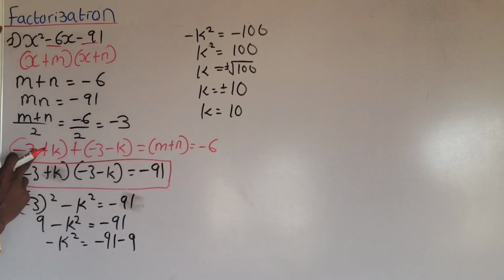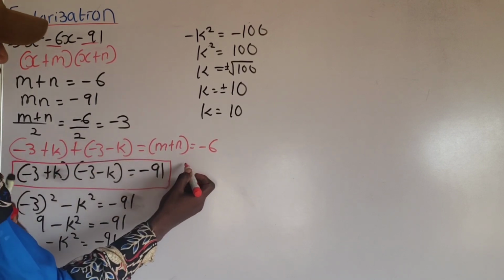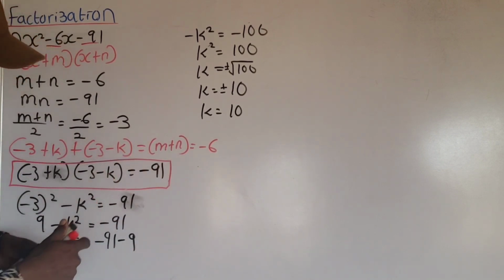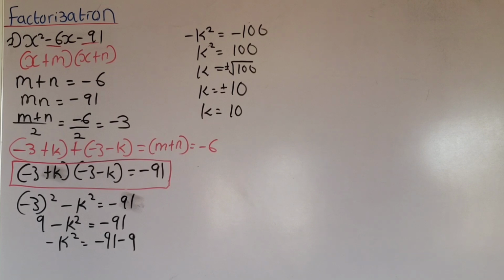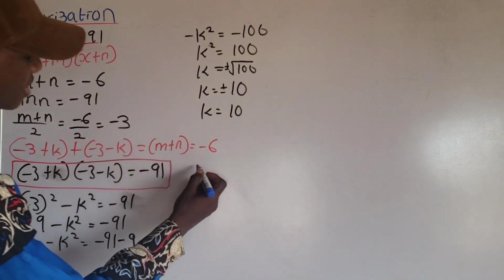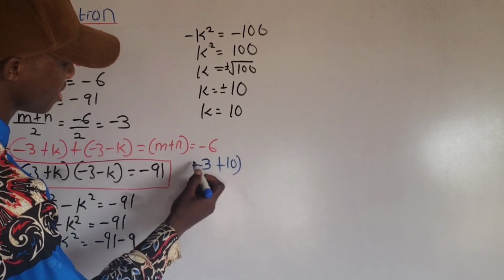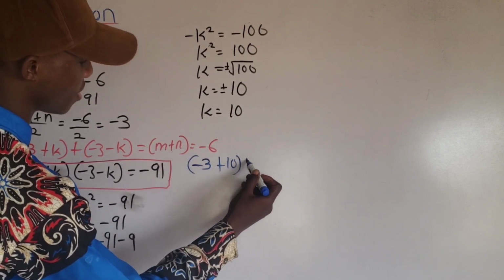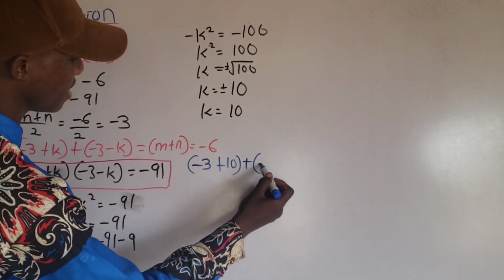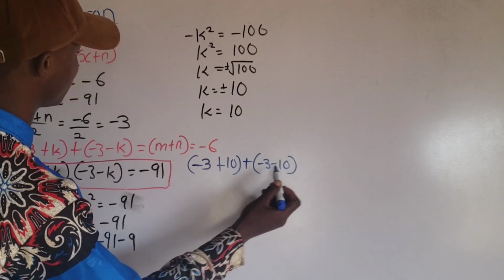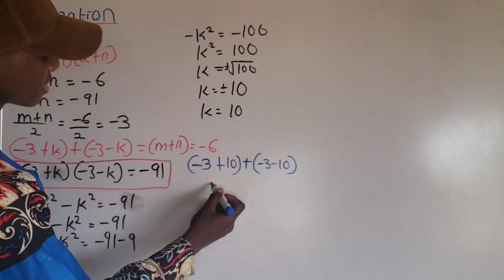So if I want to substitute the value of k into this equation, I'm going to have negative 3 plus 10, plus negative 3 minus 10. You understand? Negative 3 plus 10, that is 7.